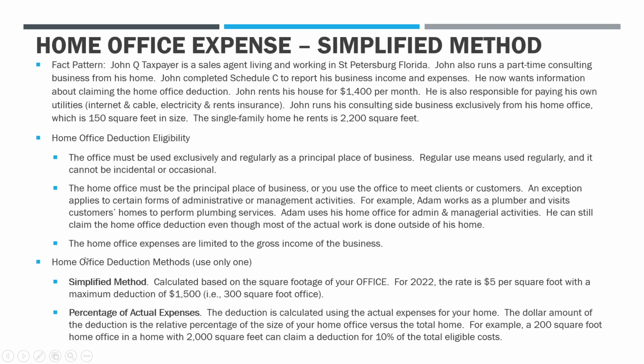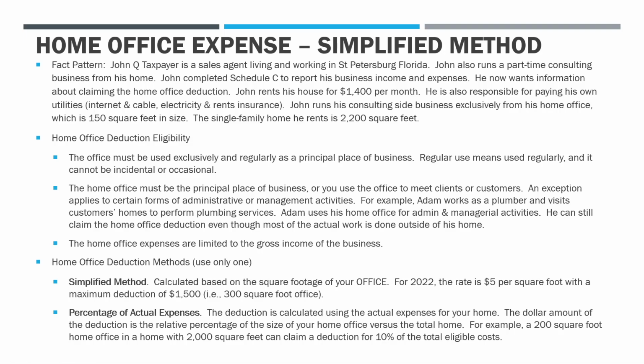All right. Now, the deduction methods, right? Again, we have the simplified method or the actual expenses. The simplified method is nice because you don't really have to track expenses for the home and the home office. It's just calculated based on the square footage of the office. For 2022, the rate is $5 per square foot, and it's capped at $1,500.